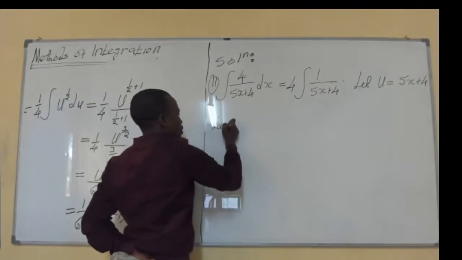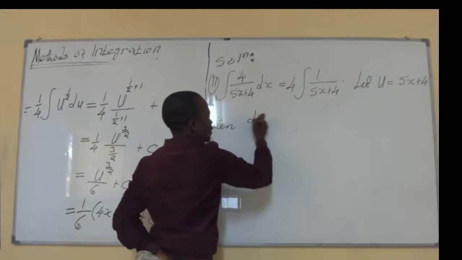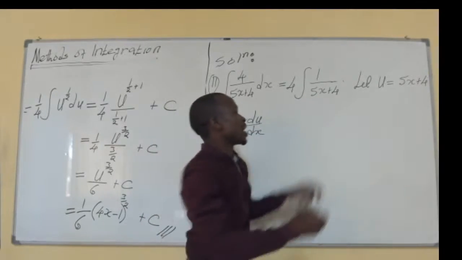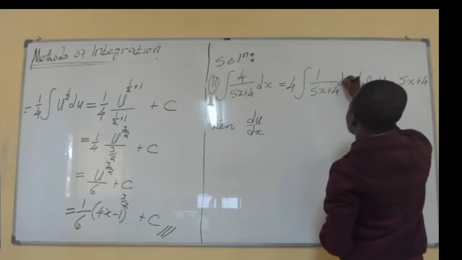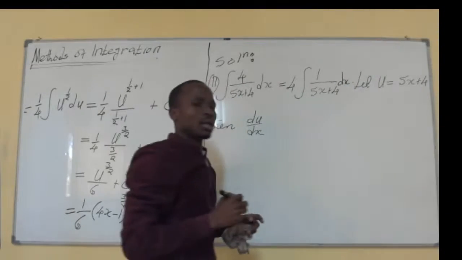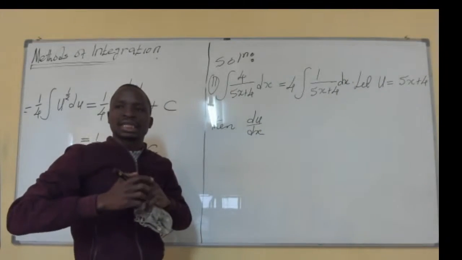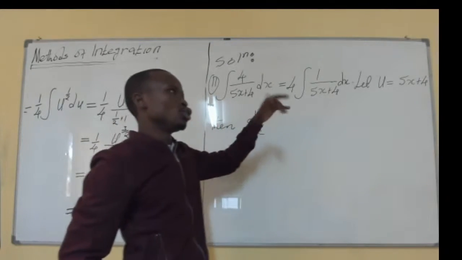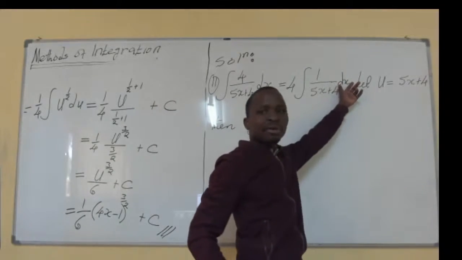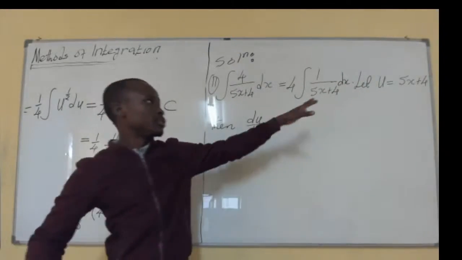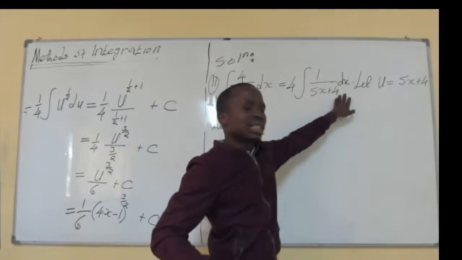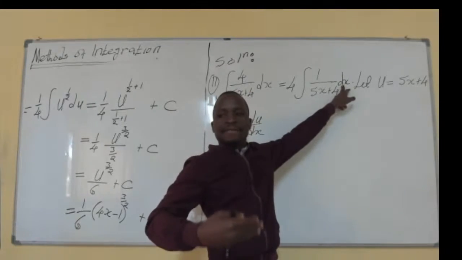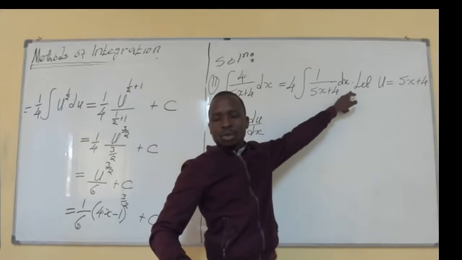Then, because we have substituted 5x plus 4 by u, we're supposed to have a dx there. Once you make the substitution on that function, you need also to change the variable of integration, the x.